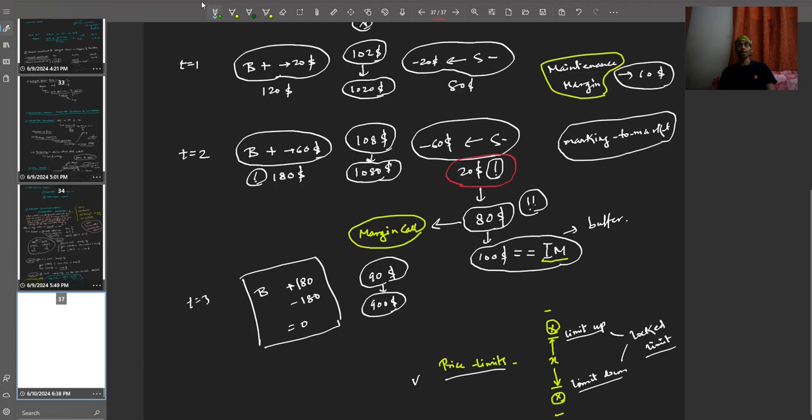Let's say the seller was at $20, right? The seller was at $20 plus 180. This takes his account balance to plus $200. This is the situation of the seller after the third day.